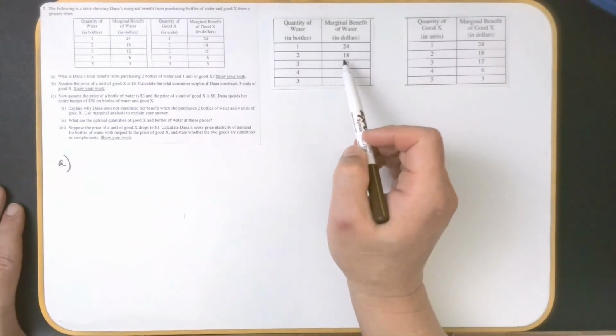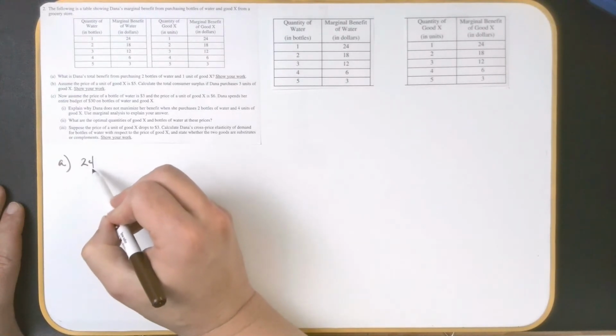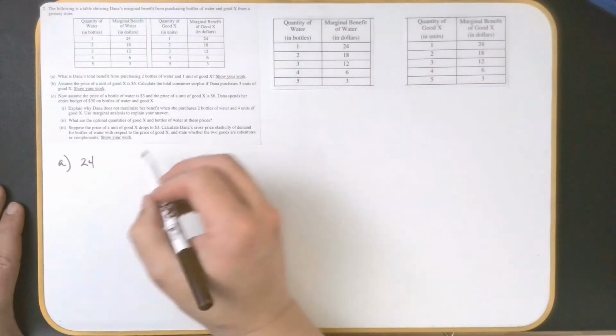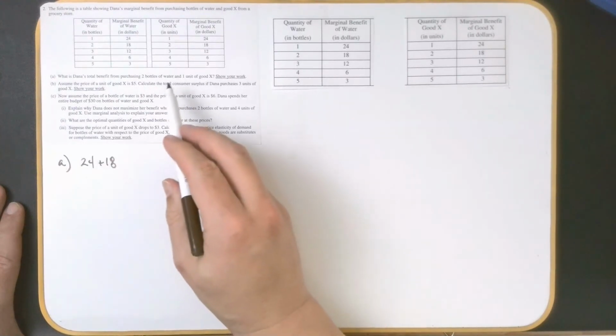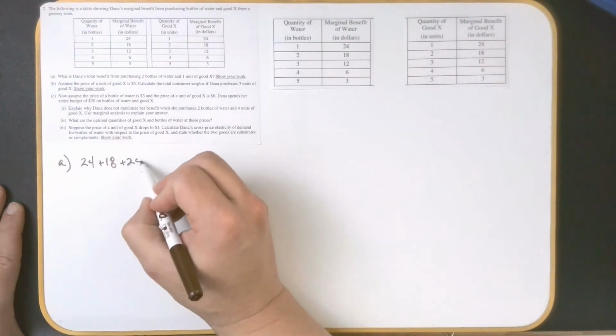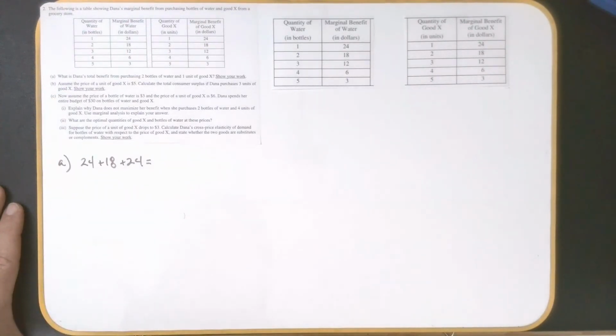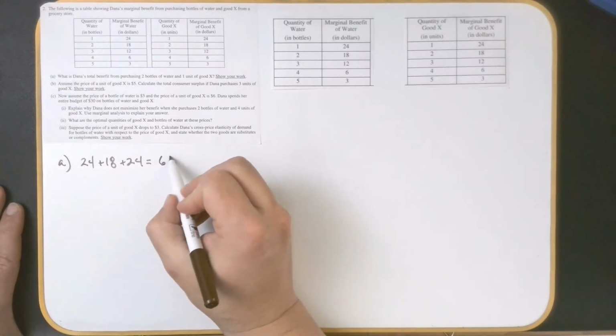That's what they're trying to trap you into doing. You want to say, well, the first bottle was 24, and she had 2 bottles, so the second one was 18. And then there was 1 unit of good X, and that was also 24. So this is actually the list you're looking for. It's 24 plus 18 plus 24, and that is equal to 66.